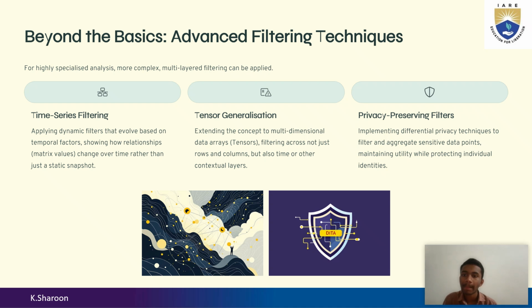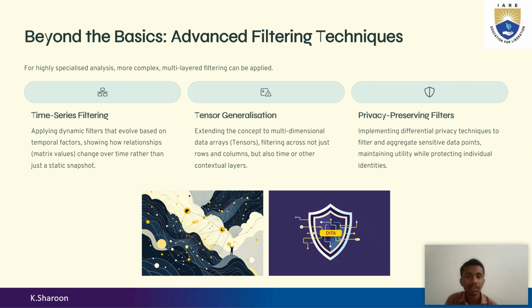And beyond the basics, advanced filtering techniques. For highly specialized analysis, more complex, multi-layered filtering can be applied. There are three ways. First is time series filtering, applying dynamic filters that evolve based on temporal factors, showing how relationships, that means matrix values, change over time rather than just a static snapshot.